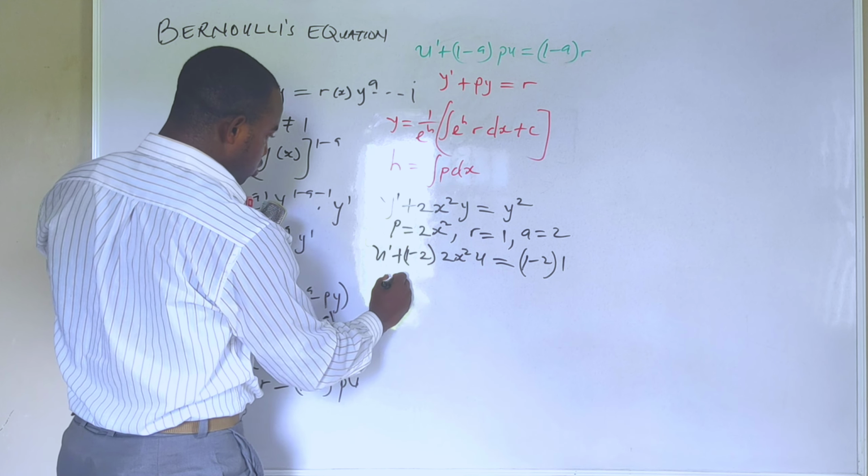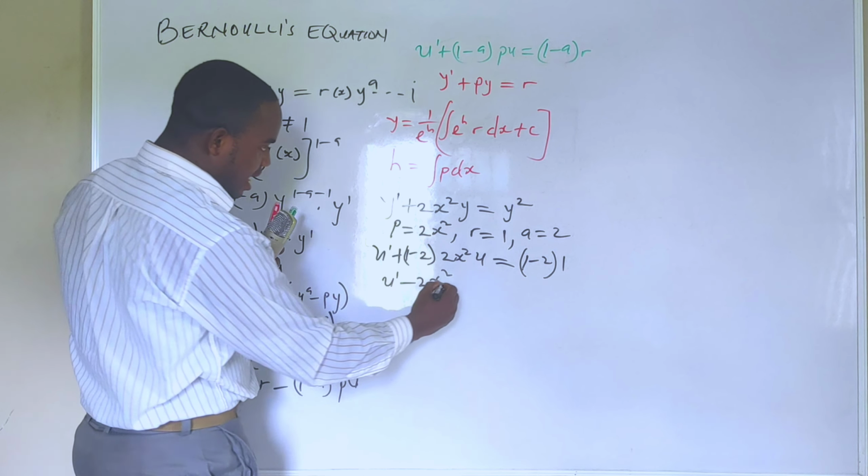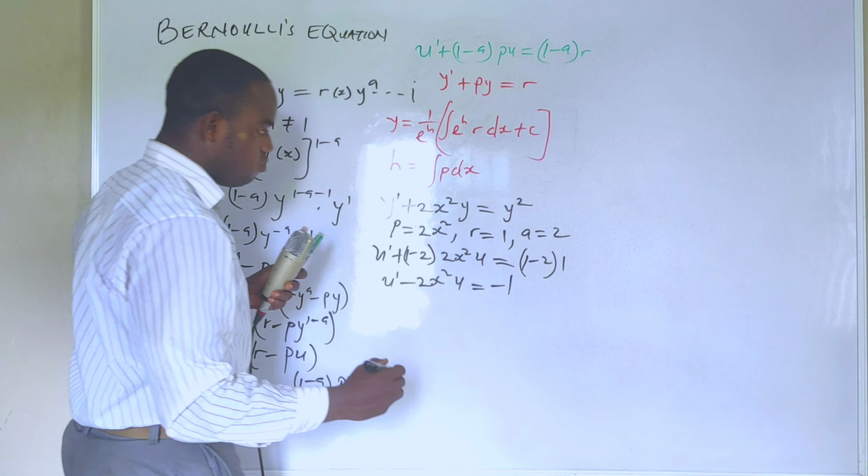This would be u prime minus 2x squared u equals negative 1.